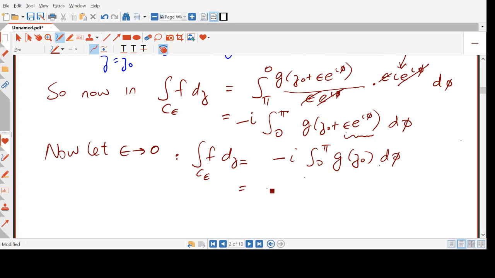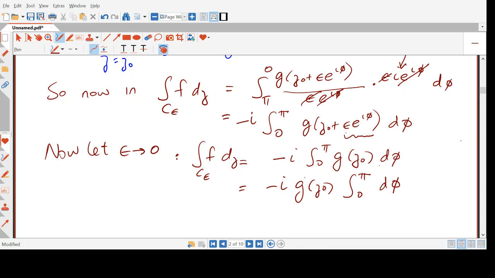Now you will observe that we may take out the g of z naught because the integral is for d phi. You can see this is one of the reasons why we can interchange the limit with the integral, because g of z naught has got nothing to do with phi.